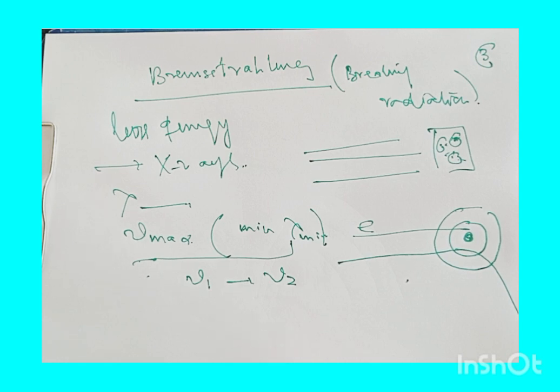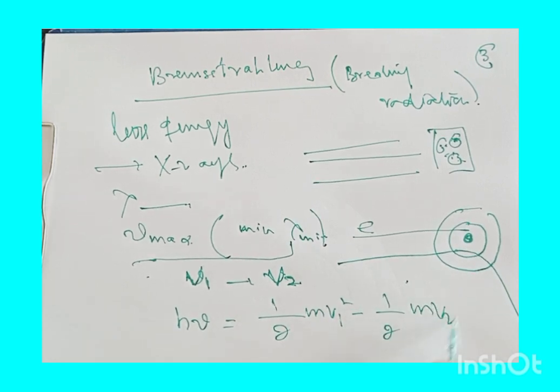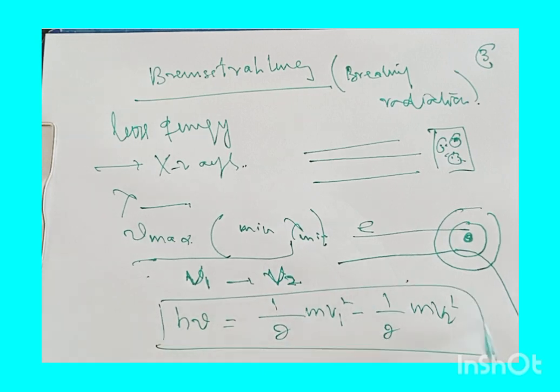The energy of the emitted photon, due to the retardation of the velocity of the electron, so we have v1 and v2 here, will be simply 1/2 m v1 squared minus 1/2 m v2 squared. So the change in kinetic energy of the electron gives rise to the electromagnetic radiation.